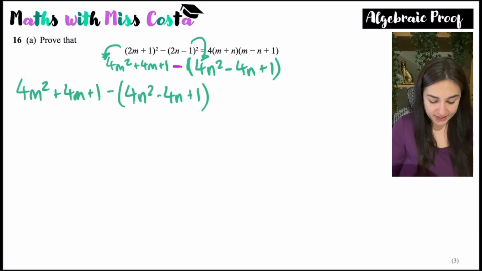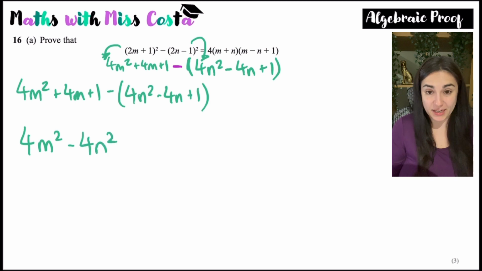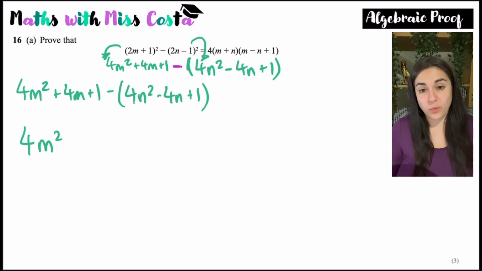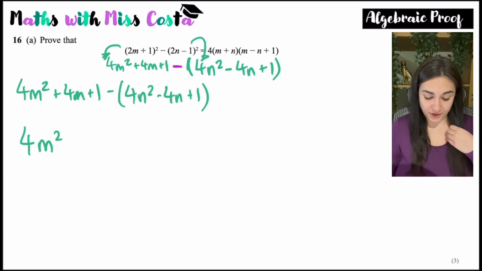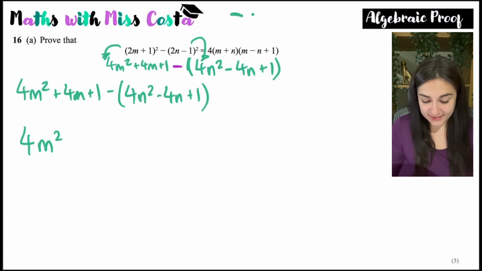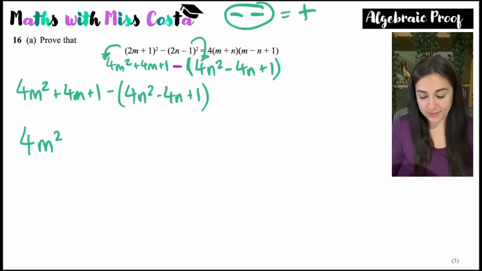So I'm going to write 4m squared minus 4n squared because I'm keeping all the powers the same. Or actually, no, let's not do that because that might be a bit confusing. I'm just going to think about what I'm going to do with these terms. Because I'm subtracting a negative, that means that I'm actually adding. Remember, when you're subtracting a negative, it's the same as adding.